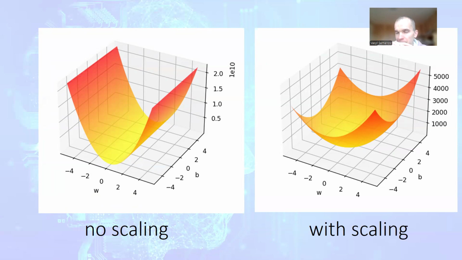Yes, and some insignificant errors would make it very sensitive to errors in our calculations. But when the data are scaled, it's definitely convex. It's definitely convex and has a very nice form shown on the right. And that is why the data should be scaled beforehand.